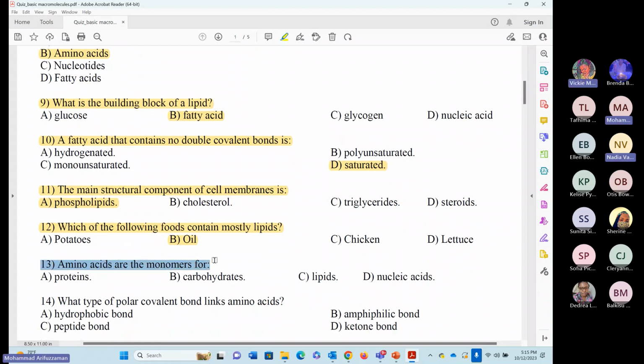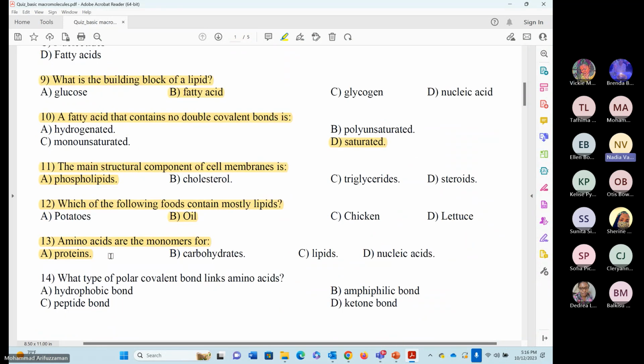Amino acids are the monomer of protein. If the question asks about enzymes, it is also correct, because all enzymes are protein. What type of polar covalent bond links amino acids?